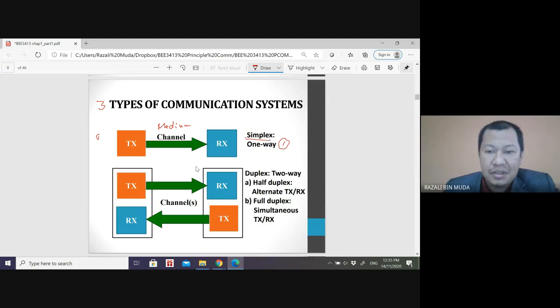The common example is radio or TV. We have the transmission tower for TV, and you just receive the video or the movie. This is called simplex.